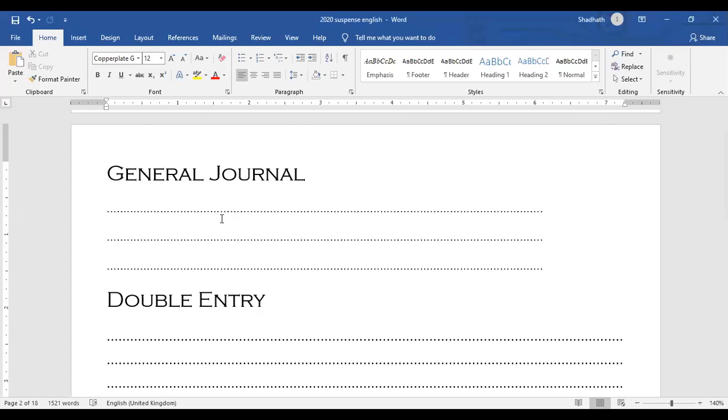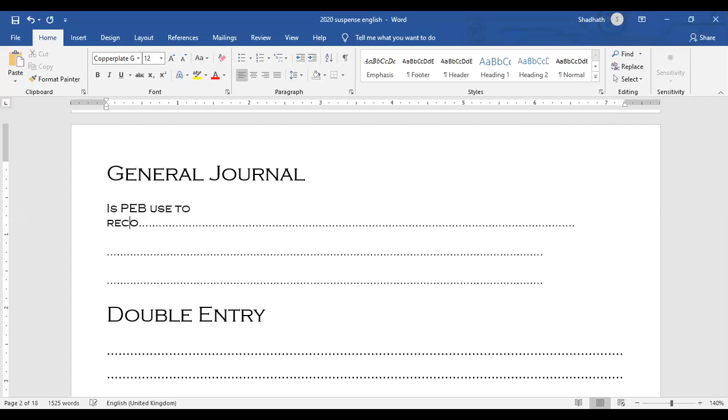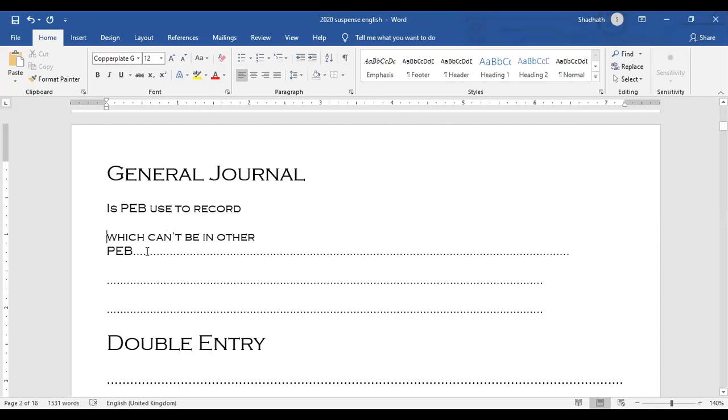General journal is a parliamentary book used to record any transaction which cannot be recorded in other parliamentary books.